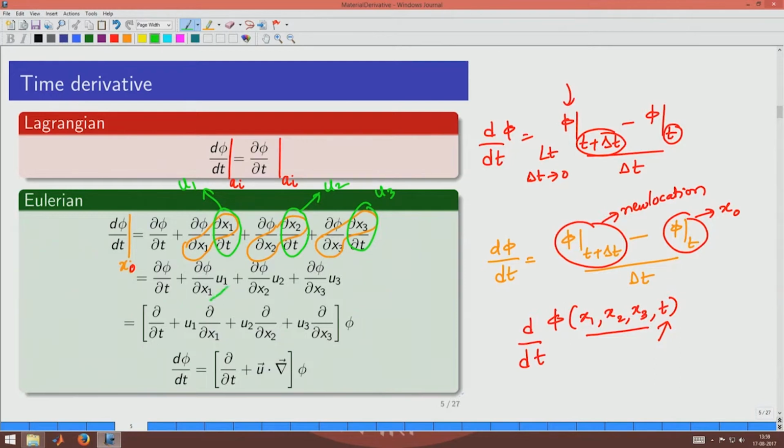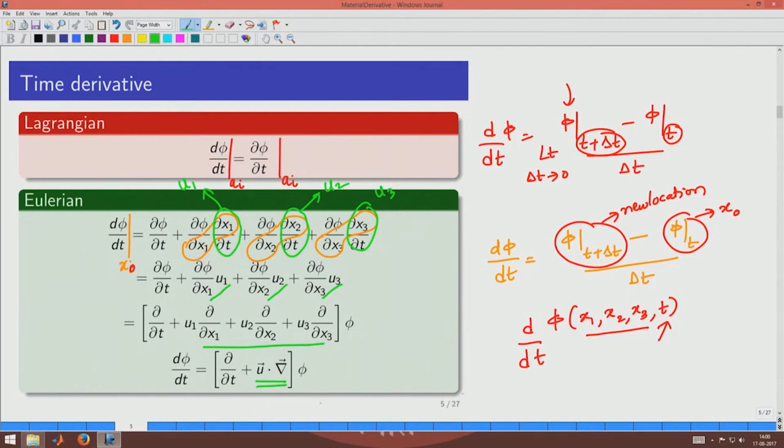You can see that the index is matching for all the three, and when we see this, we could immediately recognize that you could take that as a dot product, and write this entire expression as a dot product u dot nabla, where nabla is the differential operator with respect to space, and u is basically the velocity at that particular location.